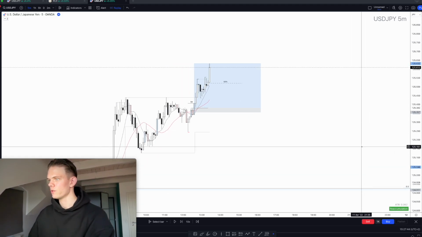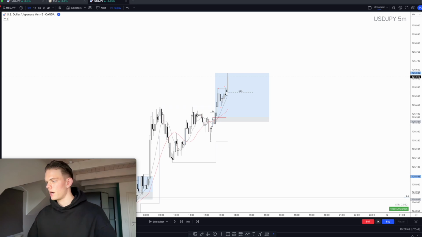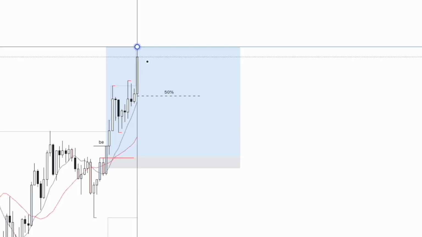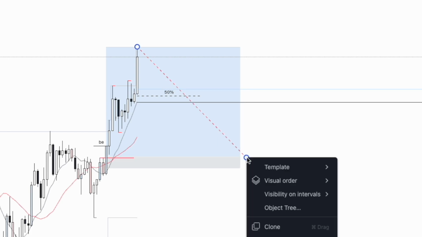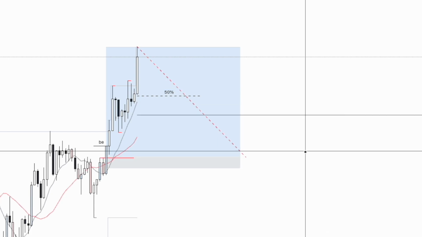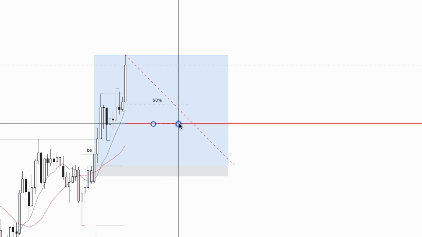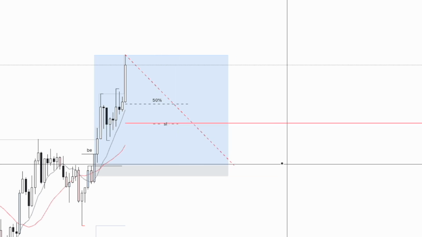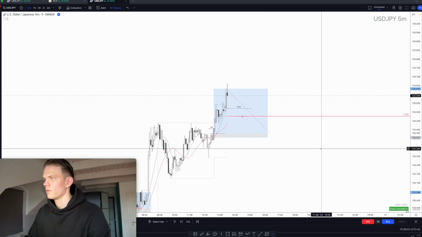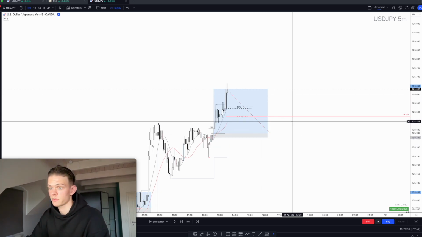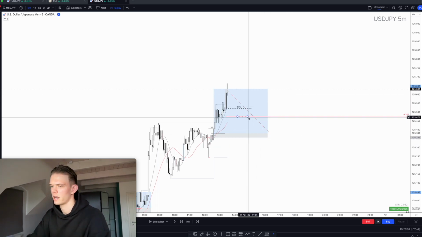And now what I want to do is I get my fib tool and I draw this, put it on a 3.82. And what I do right now is I put my full stop just slightly below there, so that if that comes back down, I do get taken out there and I secure something.